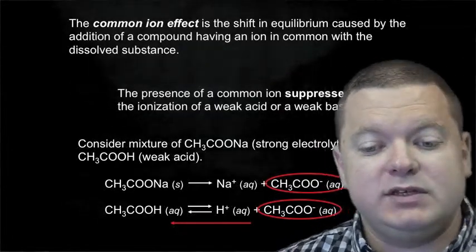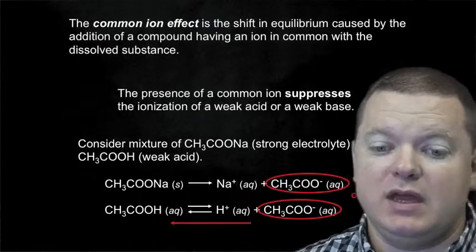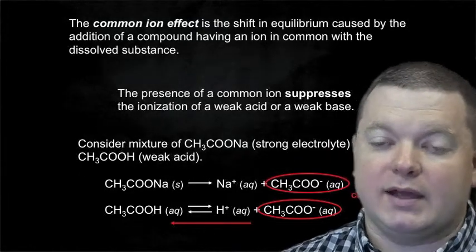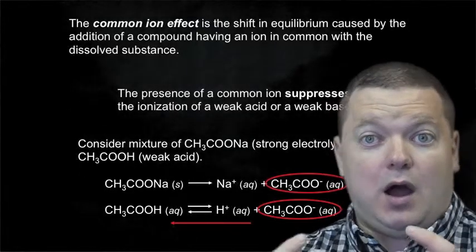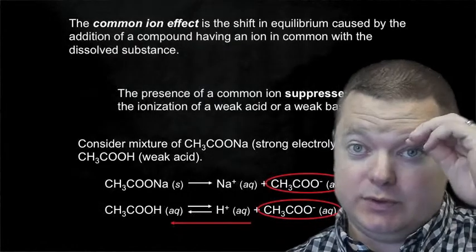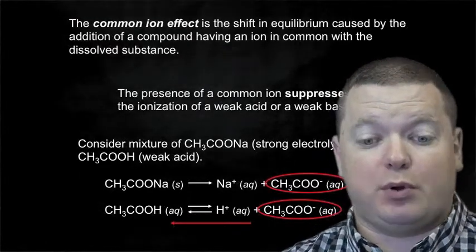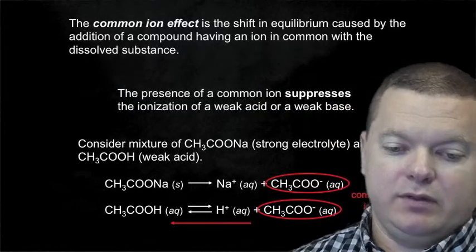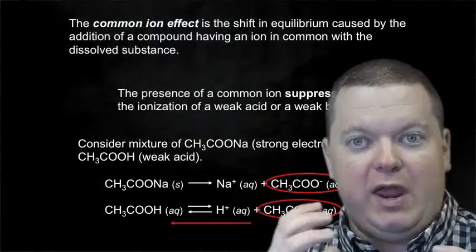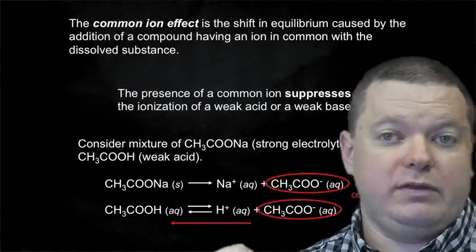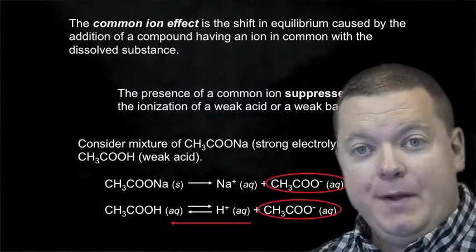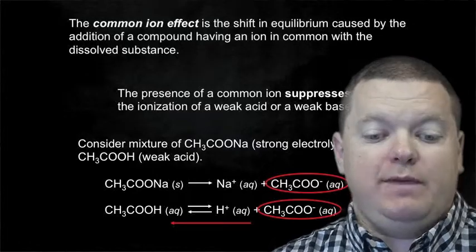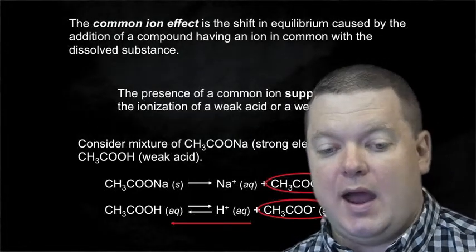The presence of this common ion suppresses the ionization of a weak acid or weak base. Again, if we look at the example that we had here, if we add more of this acetate ion in the form of sodium acetate, that's going to cause some of this shift back to the acetic acid.